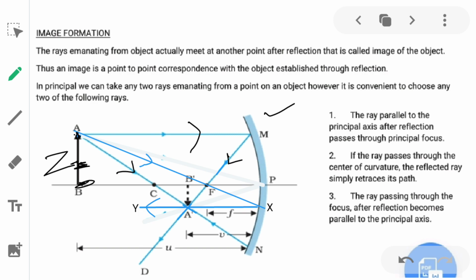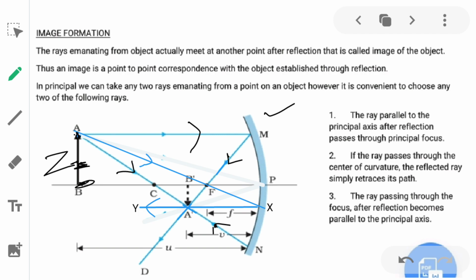It is ACN. The ray emitted from point A is traveling through C. ACN is the ray passing through the center of curvature, which retraces its path. That is NCA. It retraces its path along NCA.